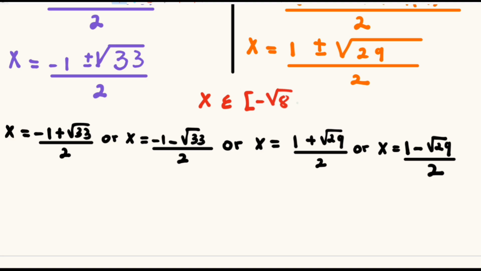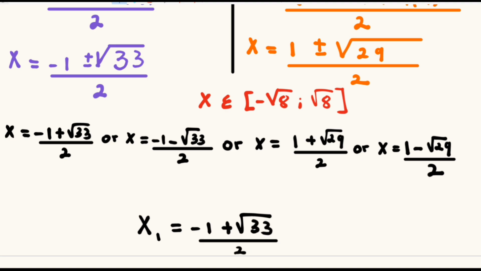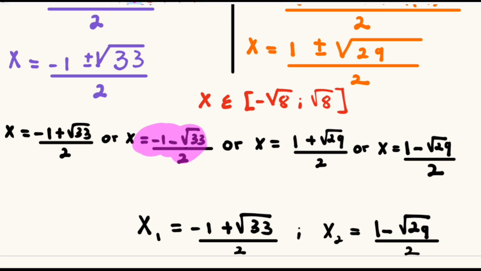By virtue of that condition, our x1 will be equal to negative 1 plus the square root of 33 divided by 2, and x2 will be equal to 1 minus the square root of 29 divided by 2. So that root and this root will be inadmissible, and the correct roots will be these ones.